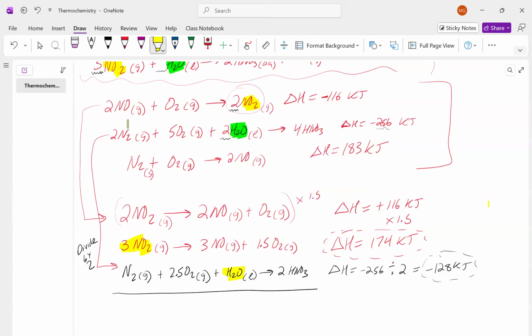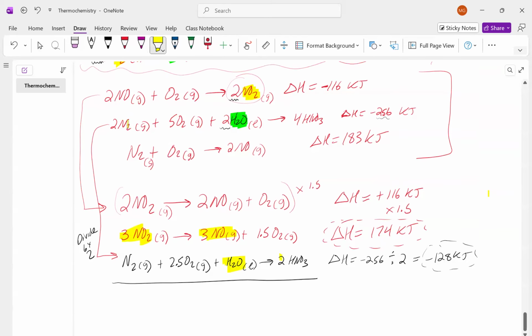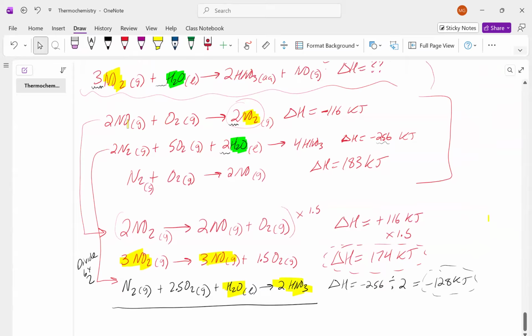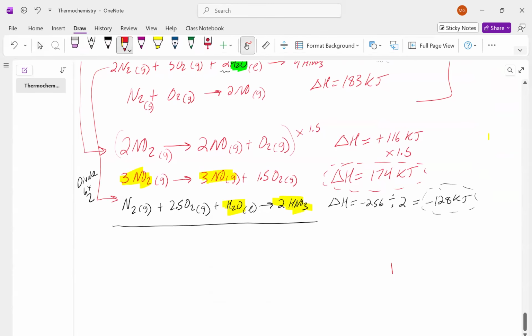I got water here as a reactant. I got NO as a product and nitric acid as a product. Okay, notice those are my 4 things up in the balanced equation. And so let's add these 2 equations together.